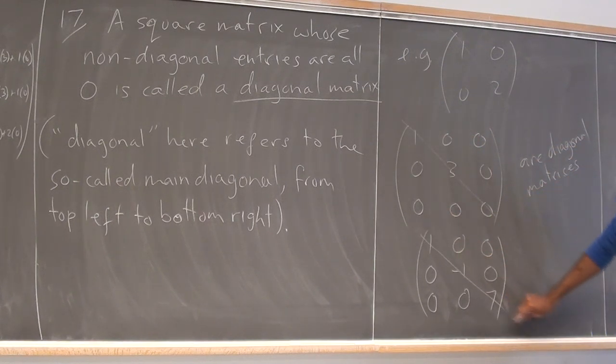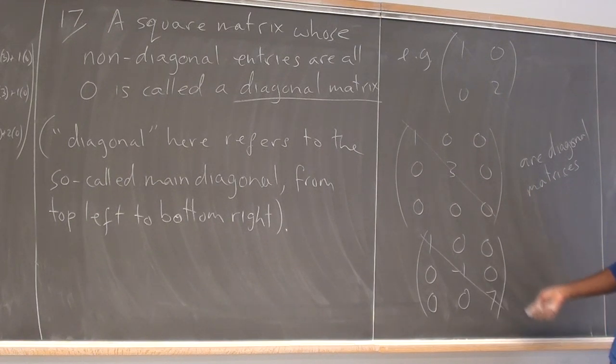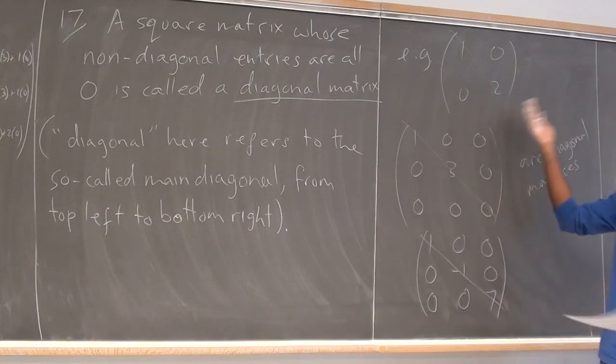If you find that and notice that everywhere else you have zeros, you say you have a diagonal matrix. The zero matrix is also a diagonal matrix because it has zeros everywhere.